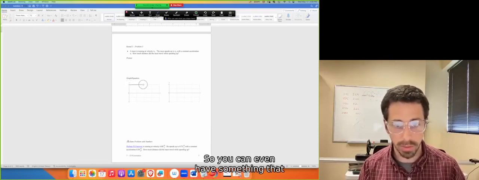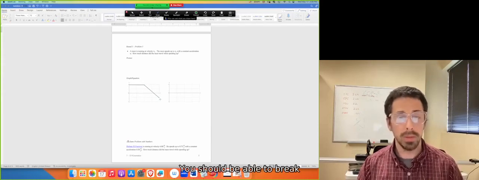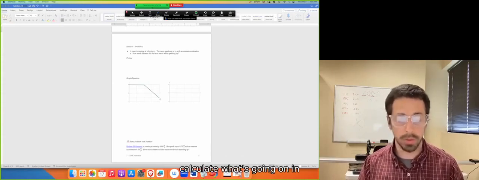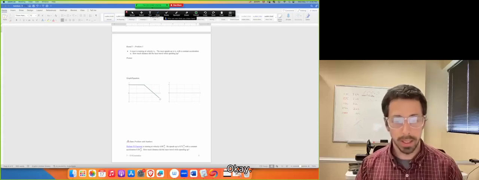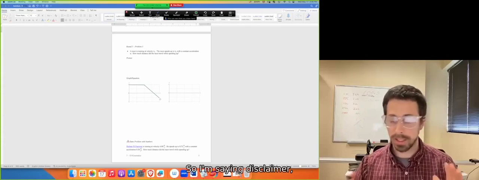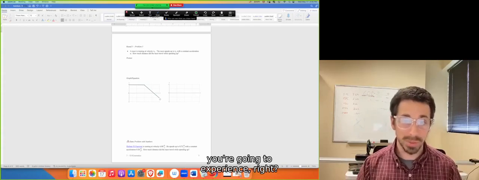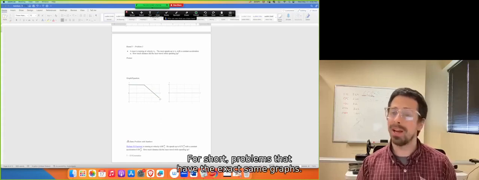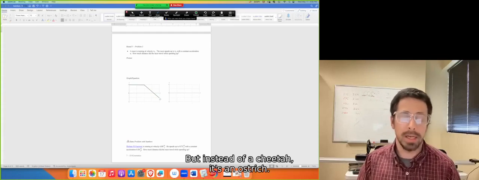You can even have something that looks like this, and goes like this. You should be able to break that up into different pieces and calculate what's going on in terms of displacement, etc. So, disclaimer, these are not the only type of problems you're going to experience. You're going to experience problems that are similar, for sure. Problems that have the exact same graphs, but instead of a cheetah, it's an ostrich.